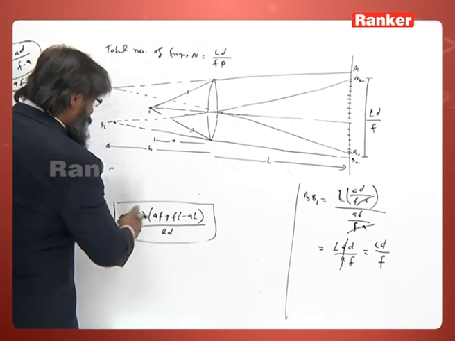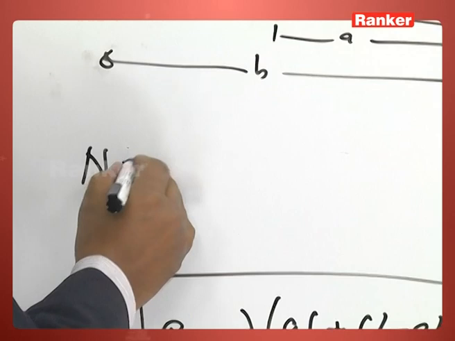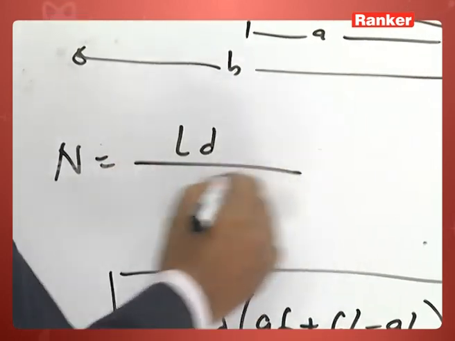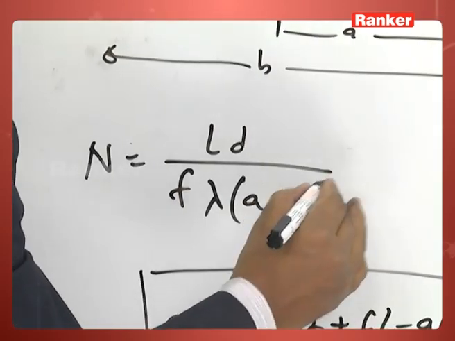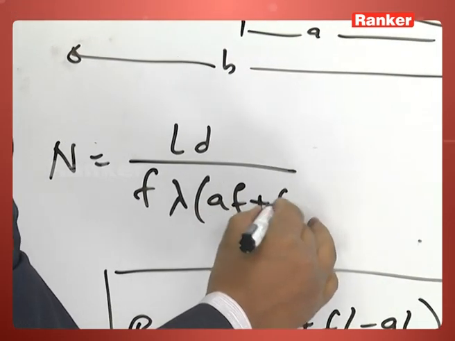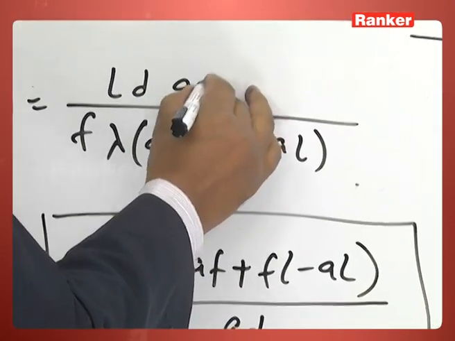So I require the value of beta. So N will be equal to LD by F divided by beta. This value, that is itself lambda into AF plus FL minus AL by AD.